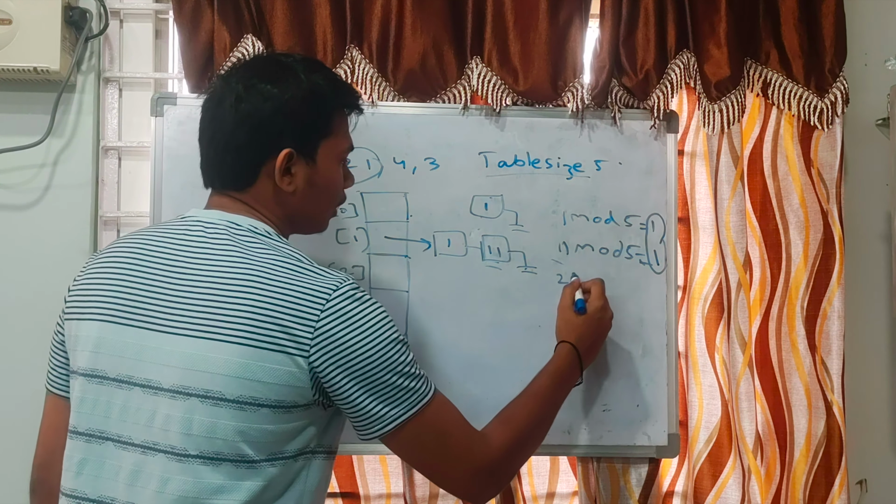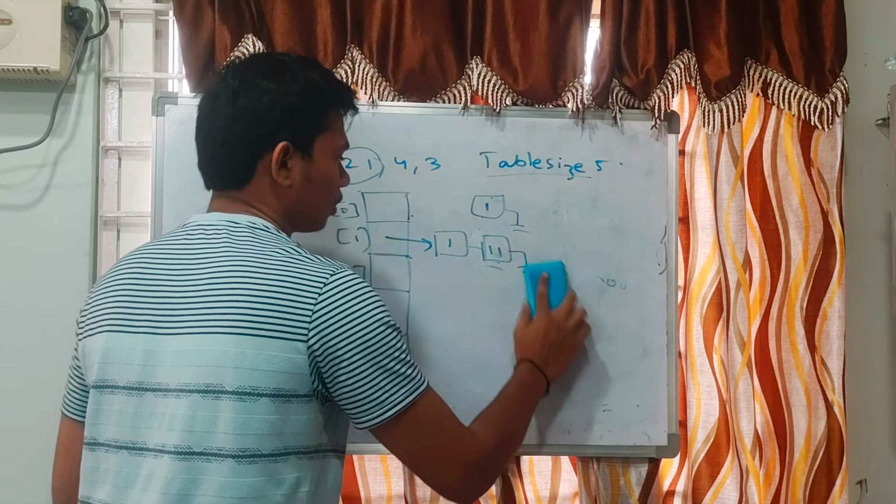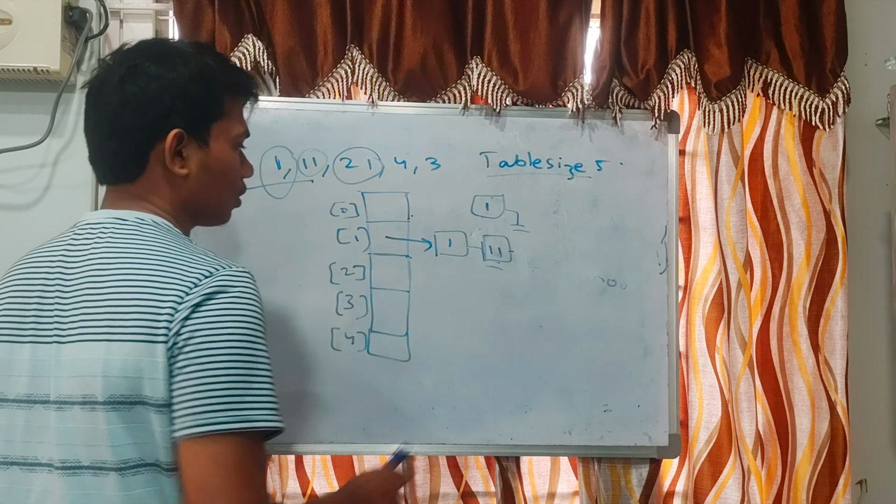Again 21 mod 5 gives 1, so again we store the element in this same linked list. So these three elements are stored at position 1. While retrieving an element, we apply the hash function on it, which gives index 1, and in this linked list we compare with the element. In this way we can retrieve the element.